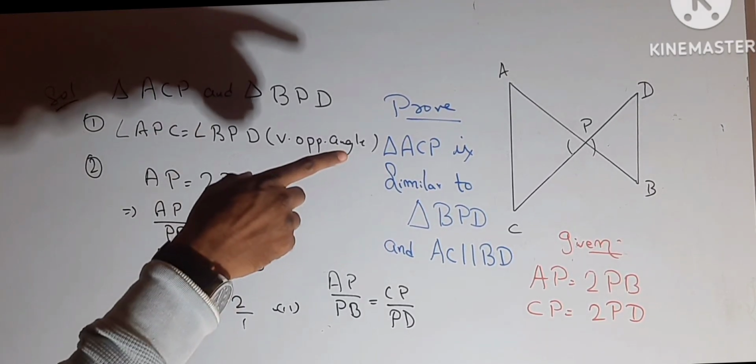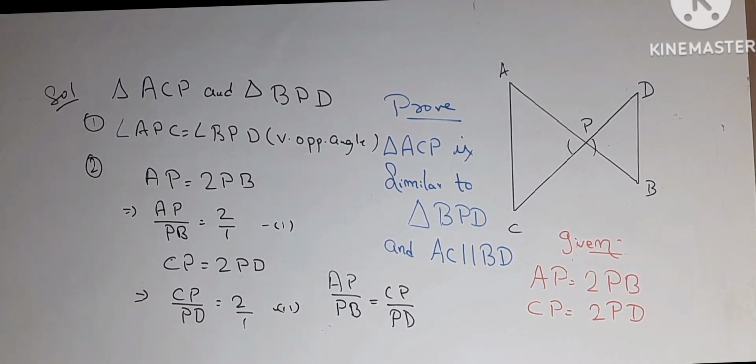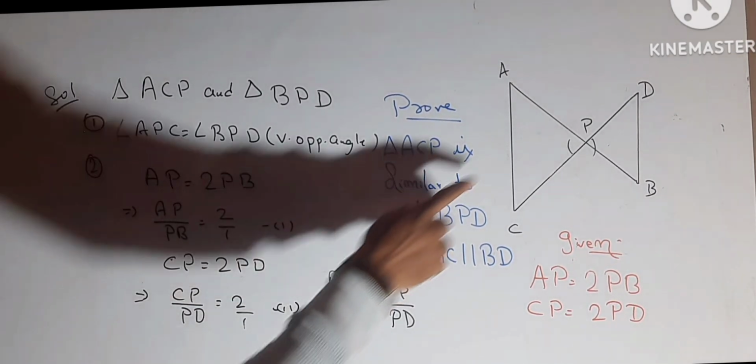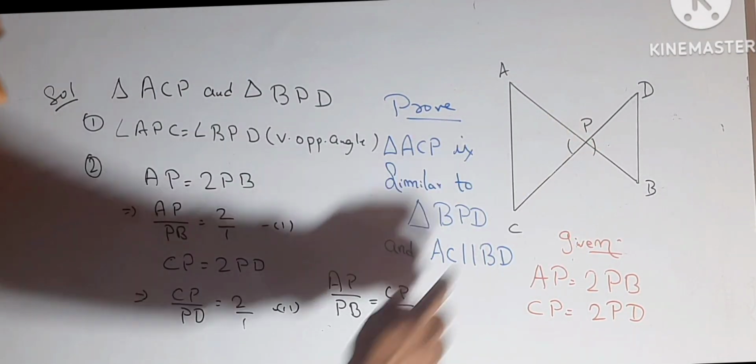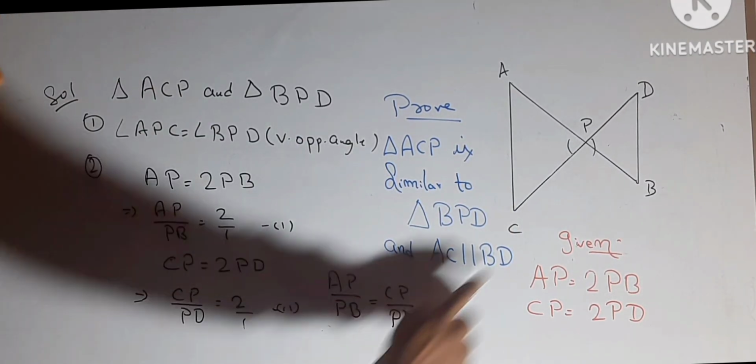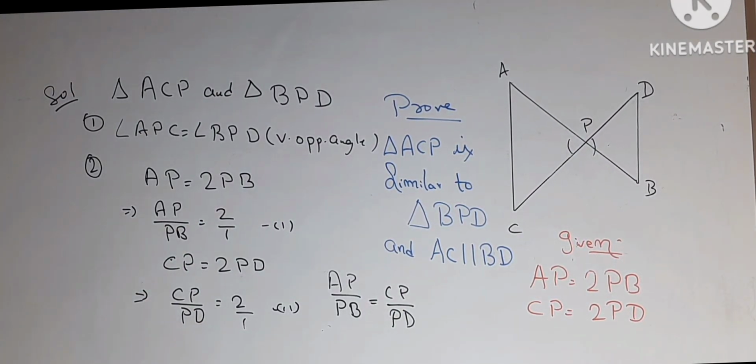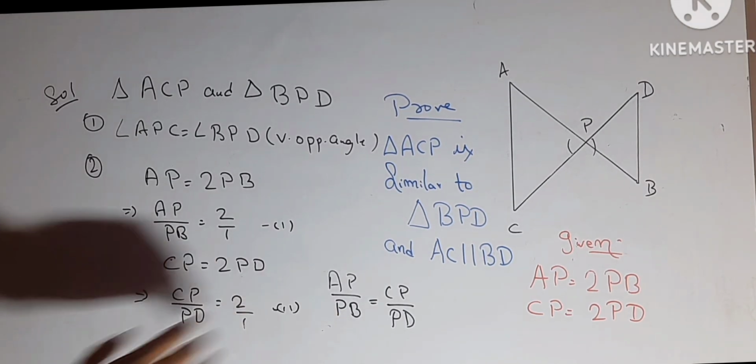We got the corresponding sides in ratio form, because AP and PB, CP and PD are in these triangles. So we can use this as the second point.